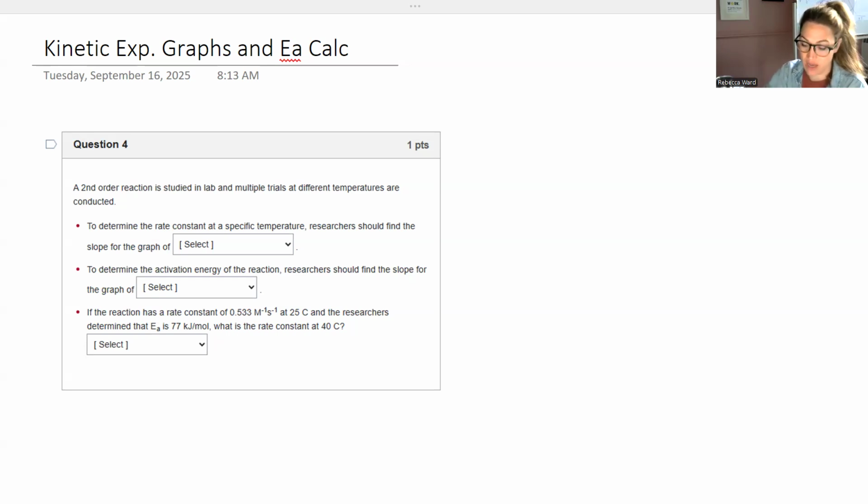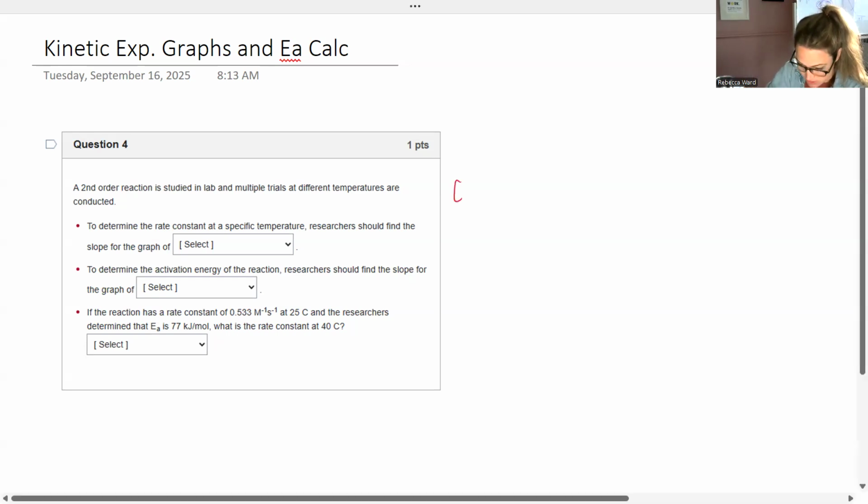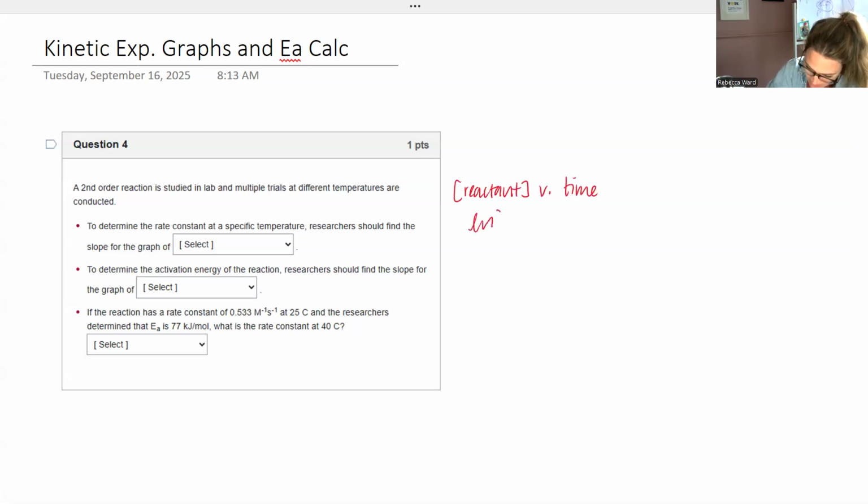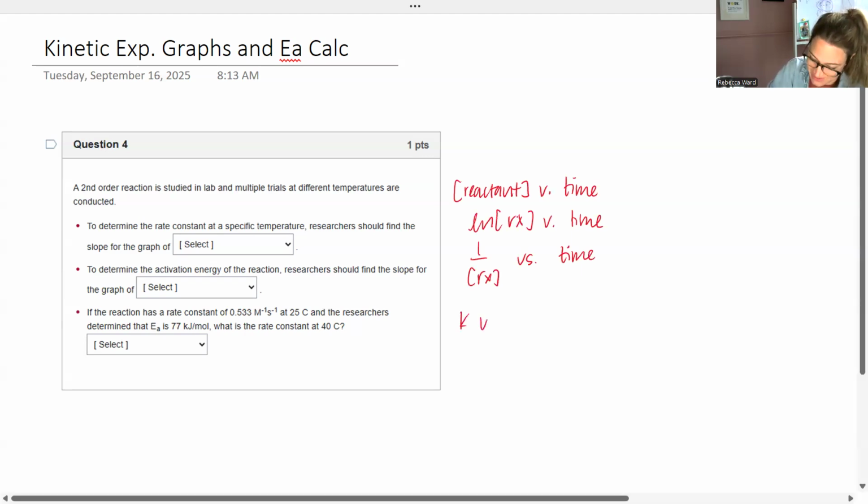We have concentration of the reactant versus time, ln of reactant versus time, 1 over reactant versus time. And then we also have some that are versus temperature.